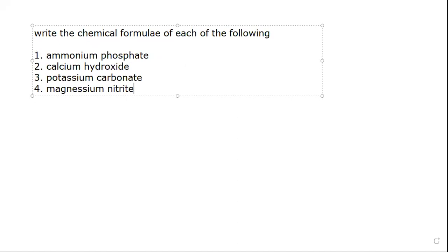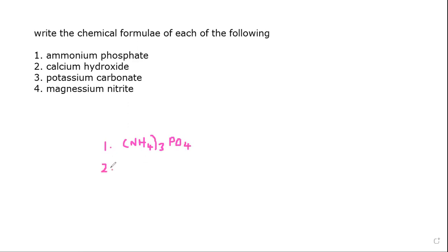So all those are formulas that we can write. You can try out those formulas following the rules, or maybe you can just look at the answers that we expect so that you can confirm your answers. For the first one, you need to get brackets: (NH4)3PO4.